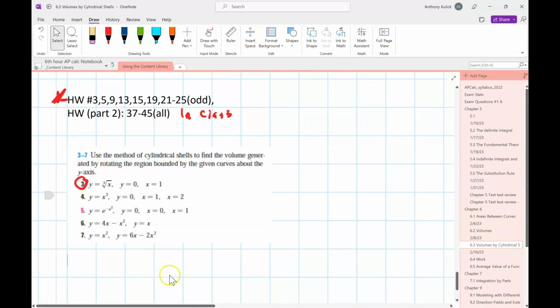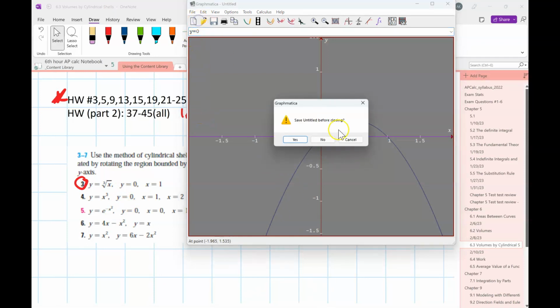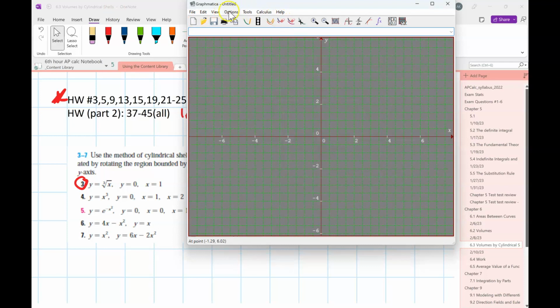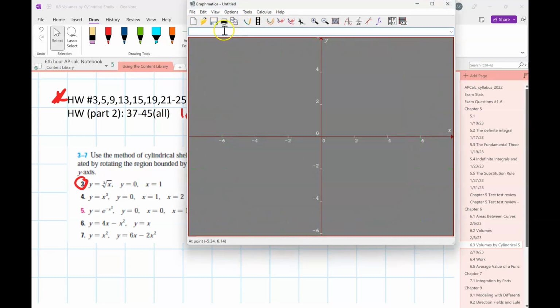All right. First things first, I'm going to generate a picture. And again, you could do this on your graphing calculator. It'll be just fine.